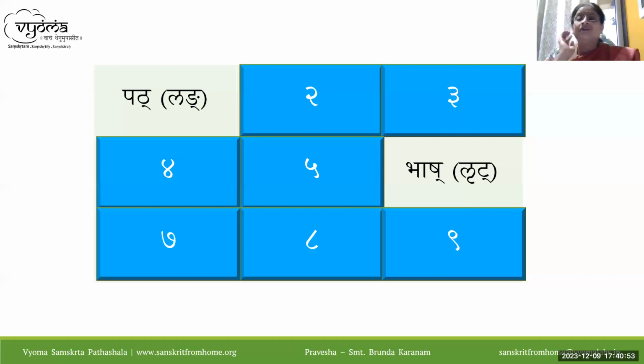For the future tense form, you will put ishya, right? So bhashishyate, correct. Bhashishyate, bhashishyete, bhashishyante, bhashishyase, bhashishyethe, bhashidhye, bhashishyadve. Sha is coming twice.